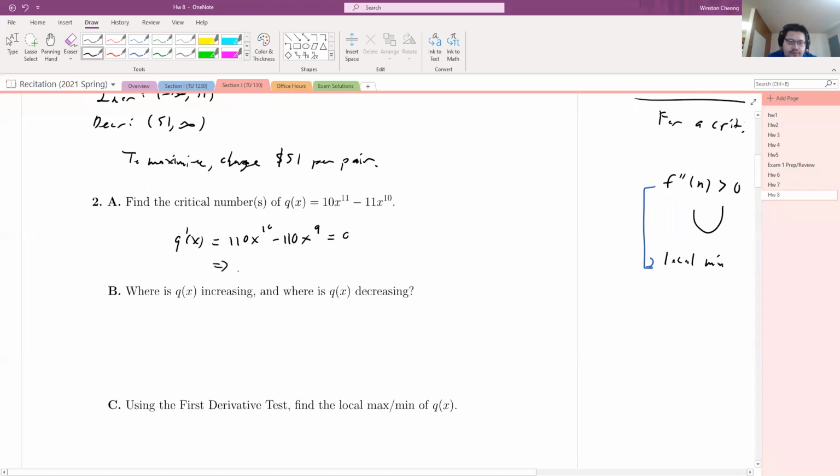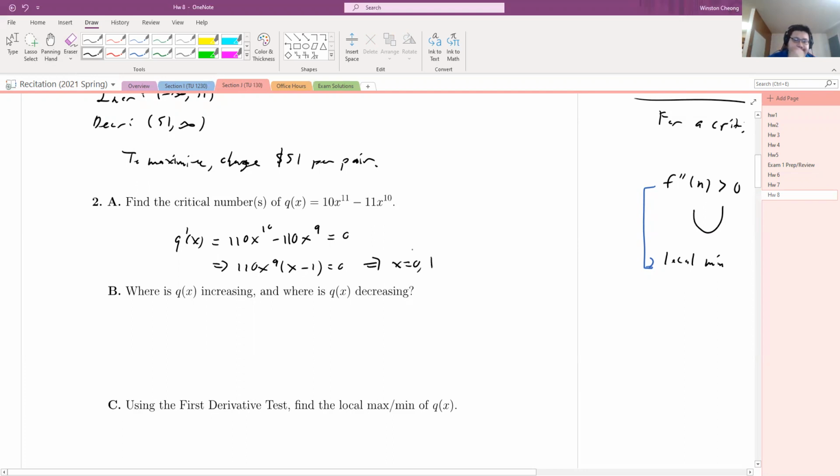So I'll factor this, that way I make sure I'm not losing track of anything. It should be 110x to the 9 times (x minus 1). Okay, and so that gives me x can be equal to 0 or can be equal to 1.